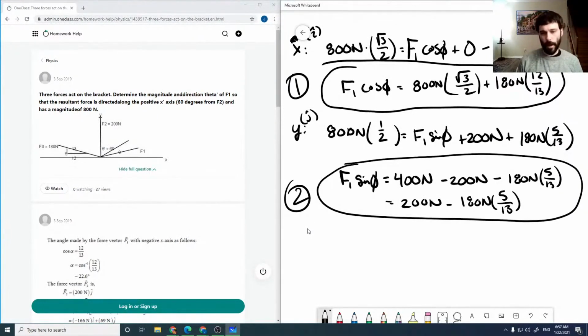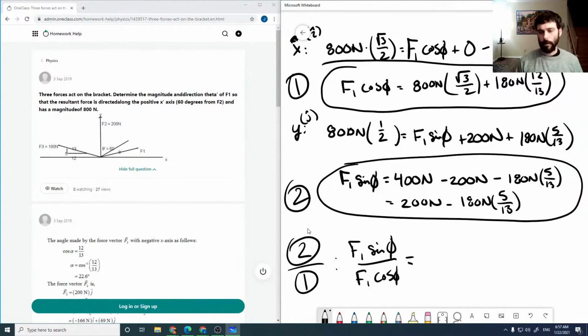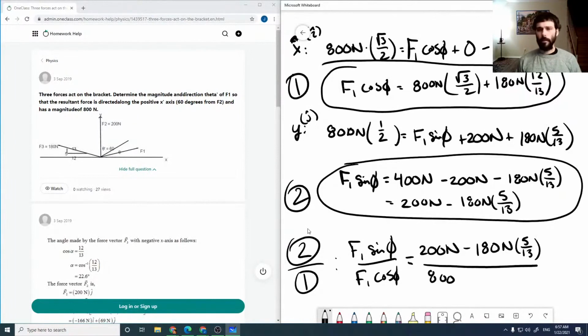And I'm just going to divide the second equation by the first equation, which will give me F1 sine phi over F1 cos phi equals 400 newtons minus 200 newtons minus 180 newtons times 5 over 13 over 800 newtons root 3 over 2.